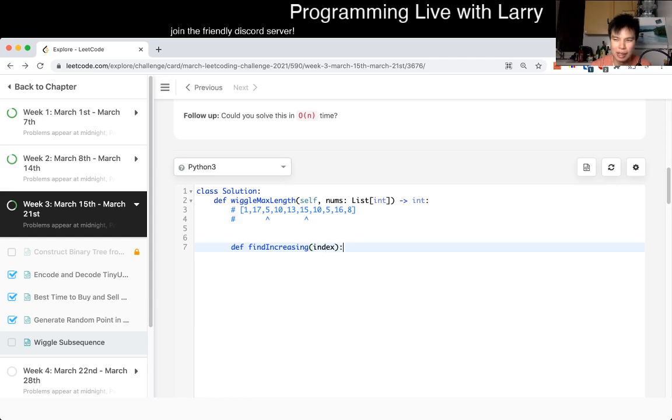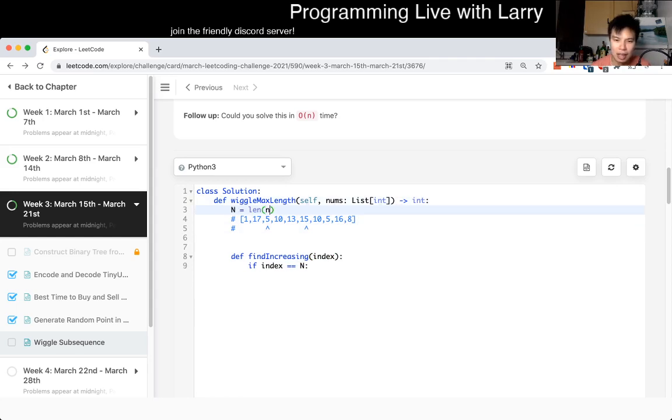index. So if index is equal to n, let's say n is equal to length of nums. This is actually, for me, going to be similar to buying and selling stock dynamic programming.